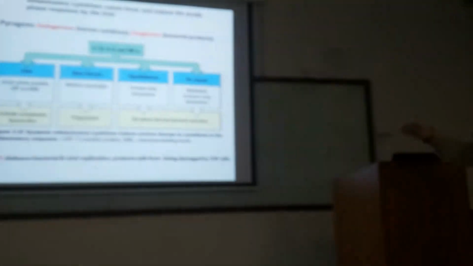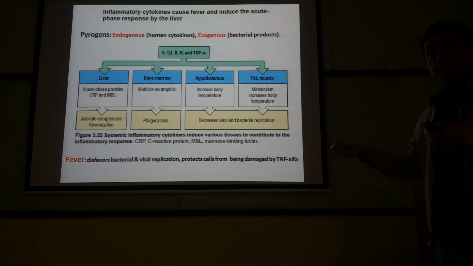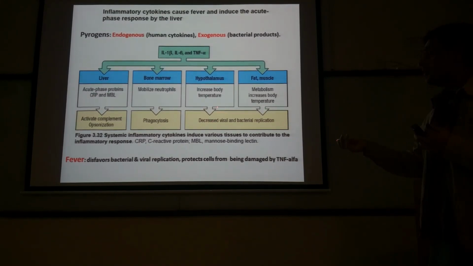These cytokines also are going to act on the hypothalamus. Interleukin 6 can directly affect your hypothalamus, the thermal center in your brain, and increase the body temperature as a result of that.